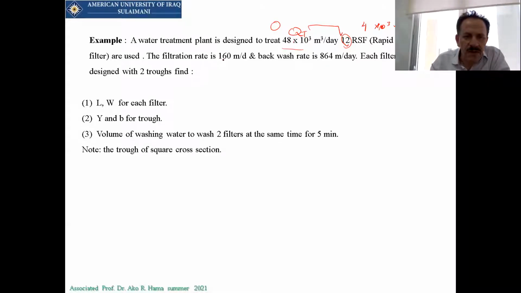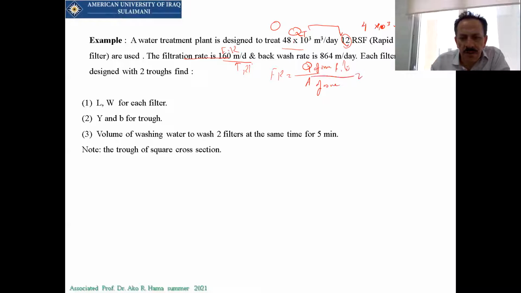And after that, we have the filtration rate. The filtration rate is 160 meter per day. It means that we have a high rate. The definition of the filtration rate is the Q of 1 filter divided by the area of 1 filter.